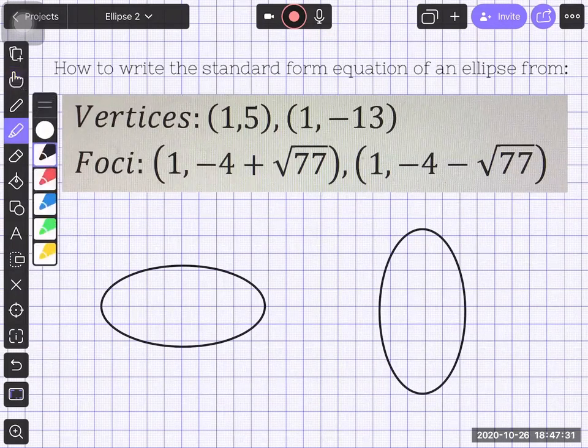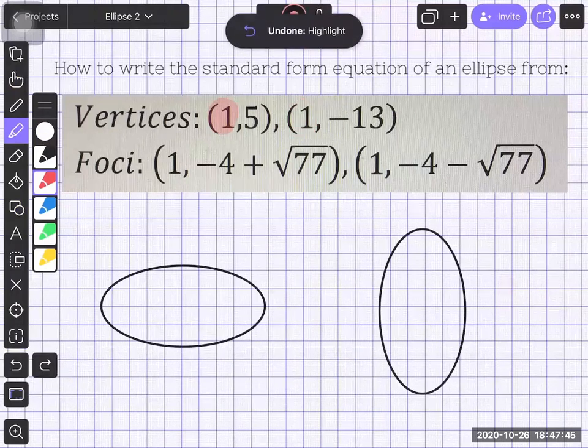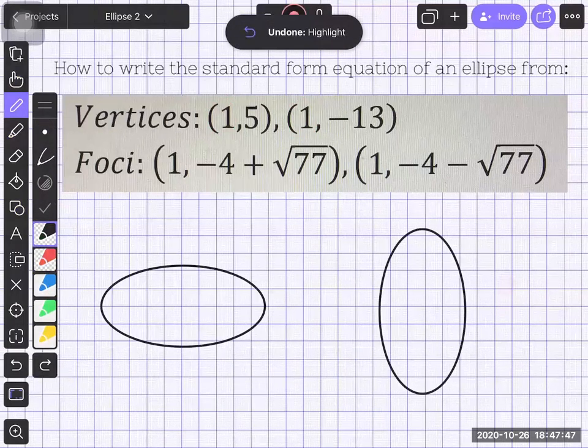Now, from the previous video, we know that when given vertices, if we have the same horizontal coordinate, that means that we're dealing with a vertical ellipse. So this will be one of our vertices, and here's the other one.